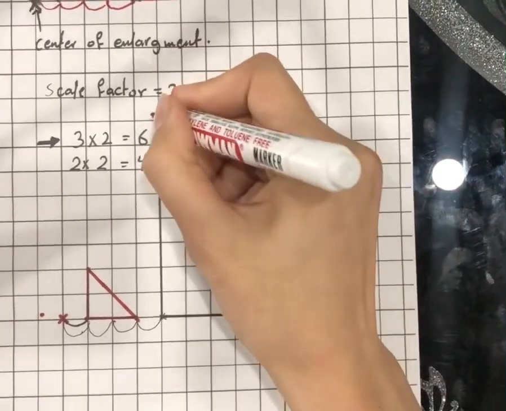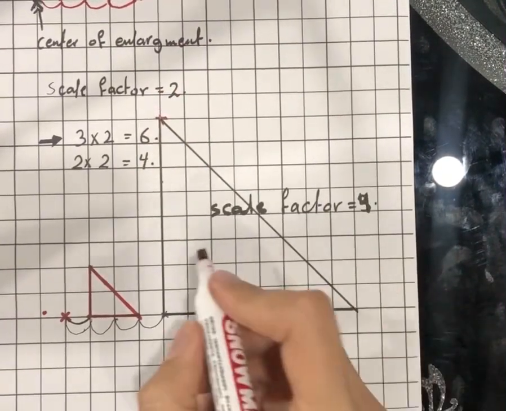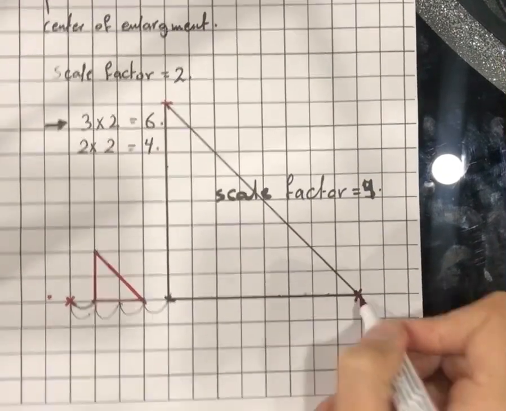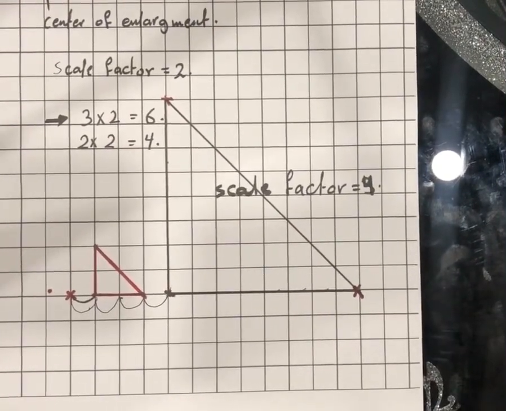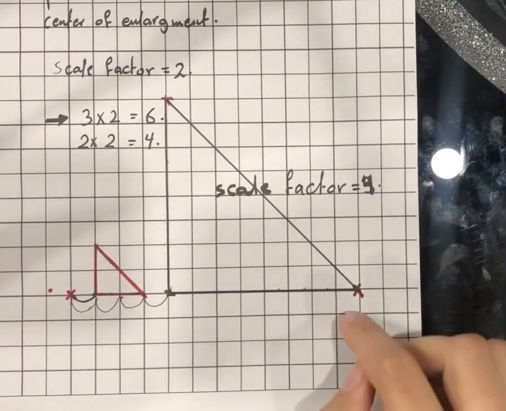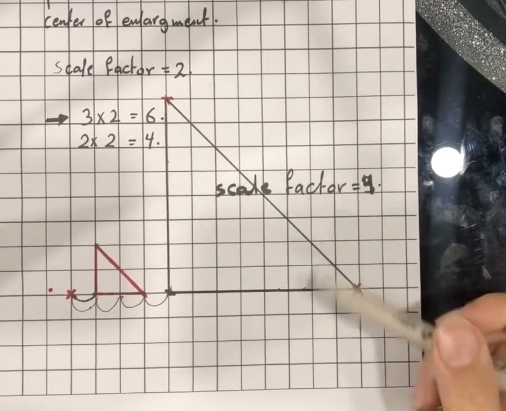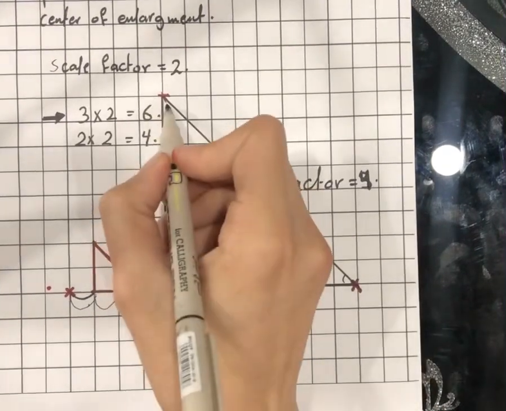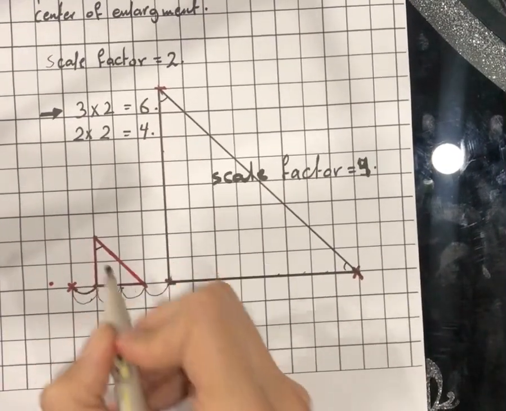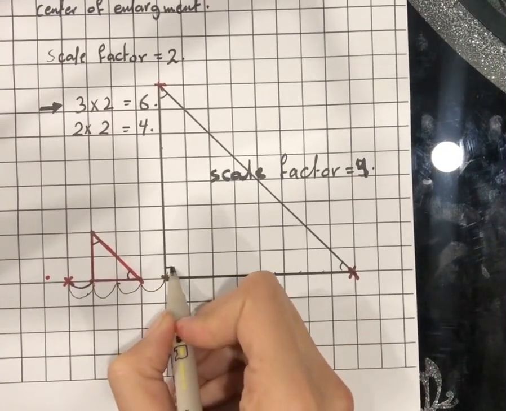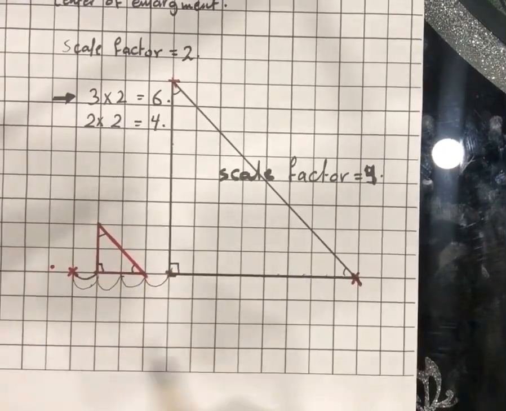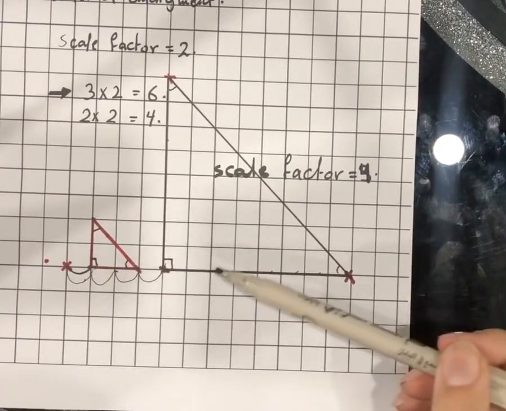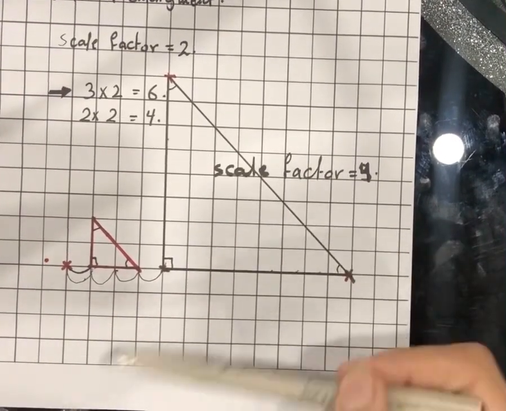So this is my new image right here, and these are the 3 dots of my triangle. Of course, if you measure all the angles, they will stay the same. The lengths are in proportion, but my angles will stay the same.